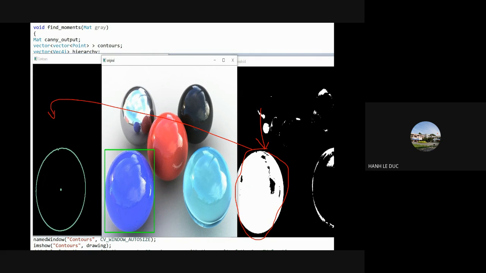After you apply it, you will have many blobs like this, and the blobs will have an area or size. Then you filter the size, which means you delete the blobs with small size, and then you will have this one.